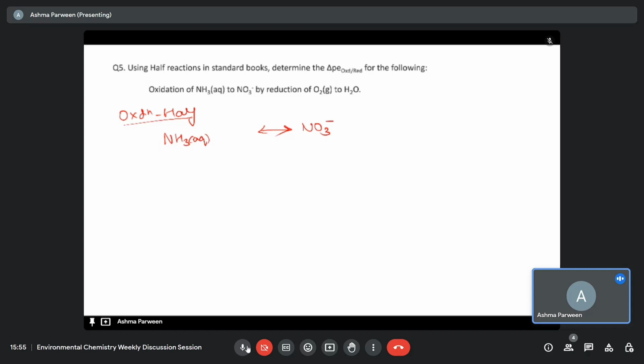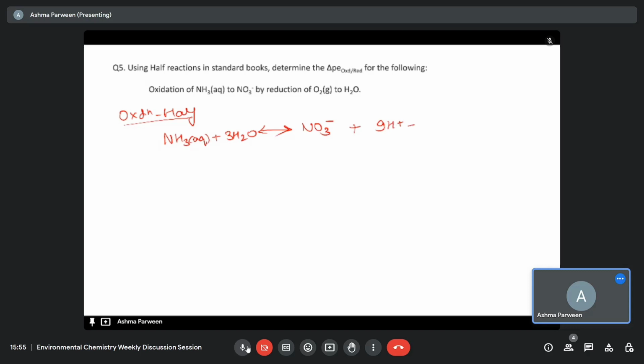We have balanced a similar reaction in question number 1. First we balance everything except hydrogen and oxygen. So nitrogen is balanced here. Next we balance oxygen by adding H2O, so 3H2O. And finally we balance the hydrogen atoms, so it is 9, so 9H+.